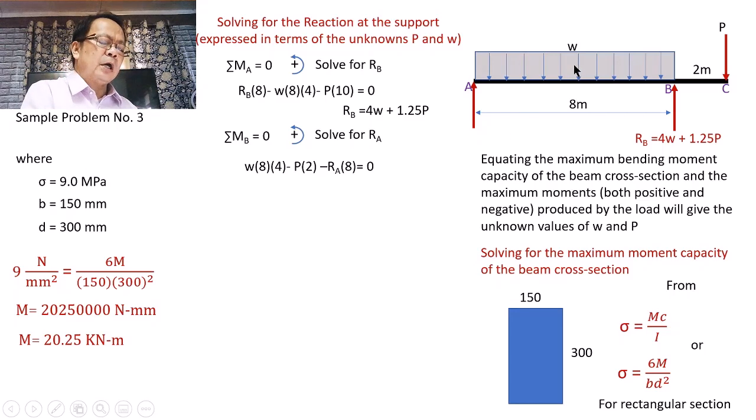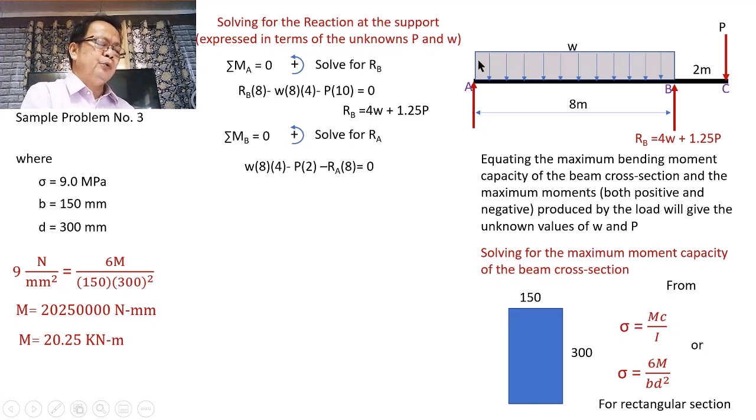Itong moment due to this W about an axis through B, that is W multiplied by this span multiplied by the moment arm acting at the center. Minus P multiplied by 2. Itong moment nito, about point B, and it is producing a clockwise moment. Kaya that is negative.